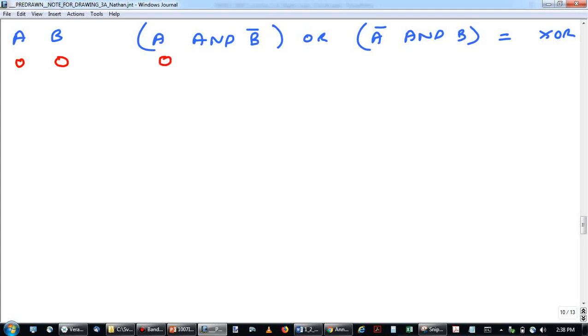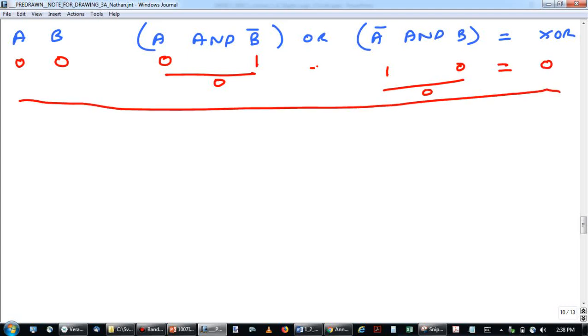So 0 and 1 is 0. Or 1 and 0, 0 equals 0, right? So I think that's okay. And I think it's okay because if I look at XOR, what does XOR look like? Yeah? Is this one 0? That's that one? Is that correct? If the inputs A and B are 0, my output is 0.